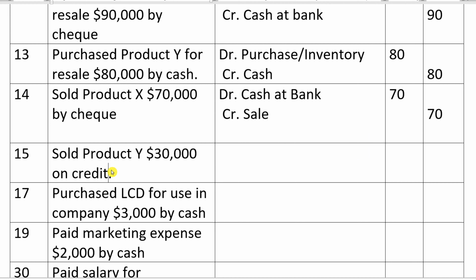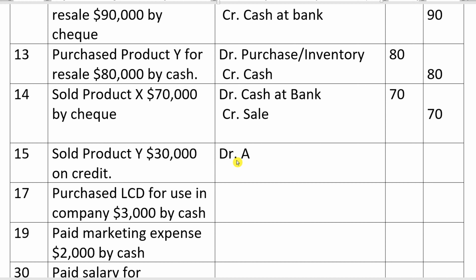And next we sold product Y on credit, meaning that the customer owes us for the product. The customer did not pay us immediately, so the customer will pay us next time or later.